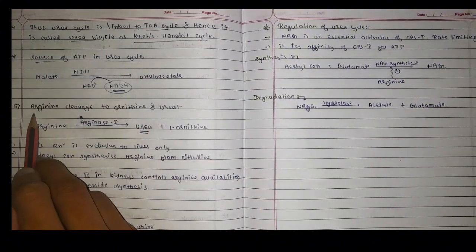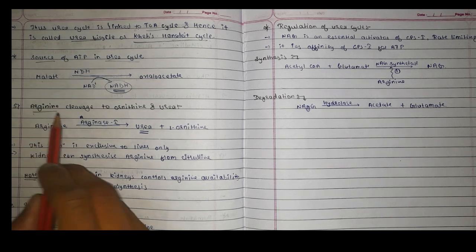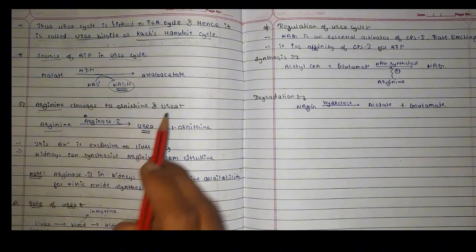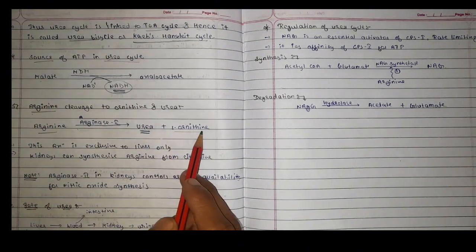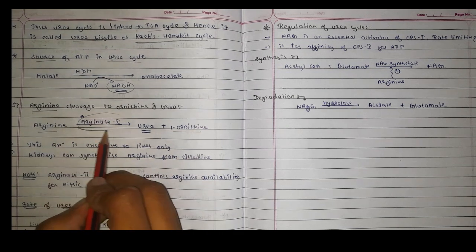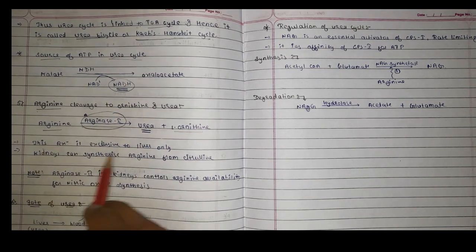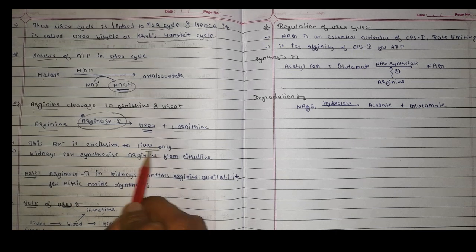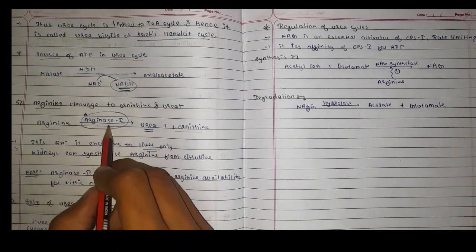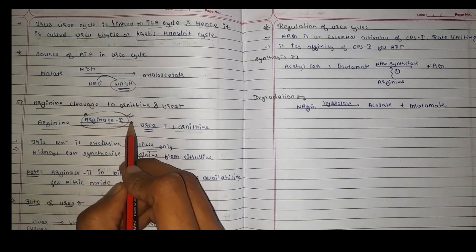The last reaction in a urea cycle is the formation of urea by lysis of arginine, in which arginine is lysed to urea and L-ornithine by enzyme known as arginase 1. This reaction is exclusive to liver only, which means arginase 1 is only present in liver.